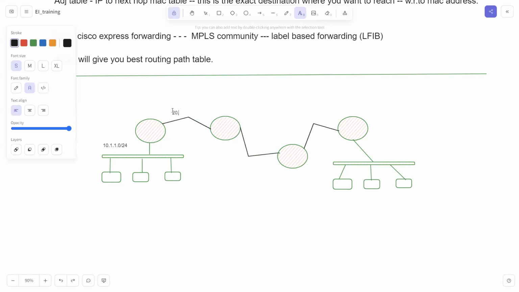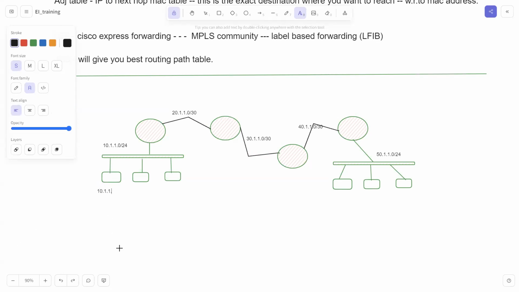Suppose this is 20.1.1.0/30, a point-to-point link. This is 30.1.1.0/30, a P2P link. And this is maybe 40.1.1.0/30. And finally, this particular network is 50.1.1.0/24.